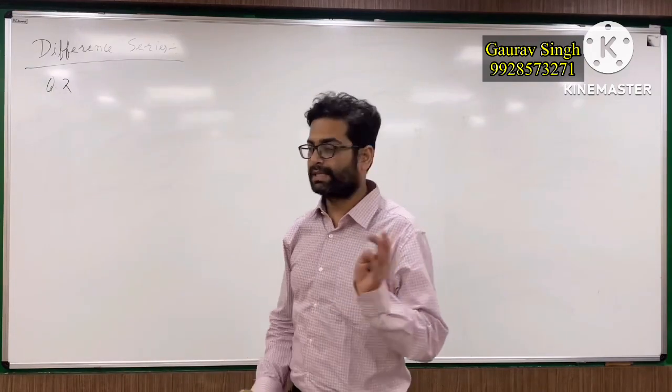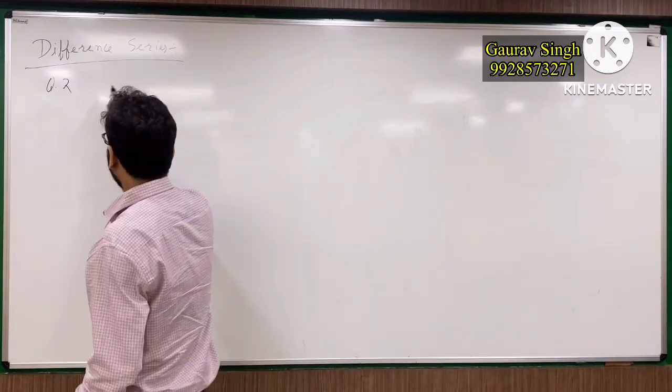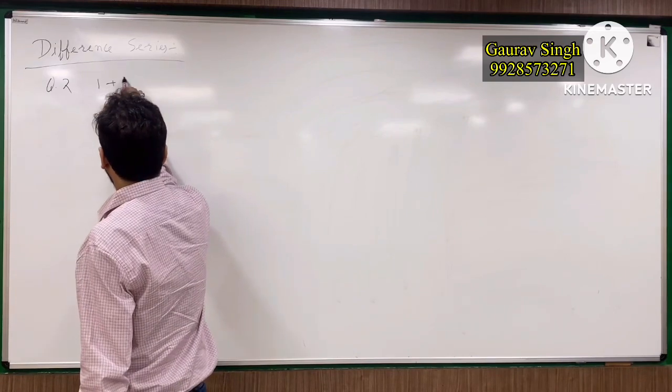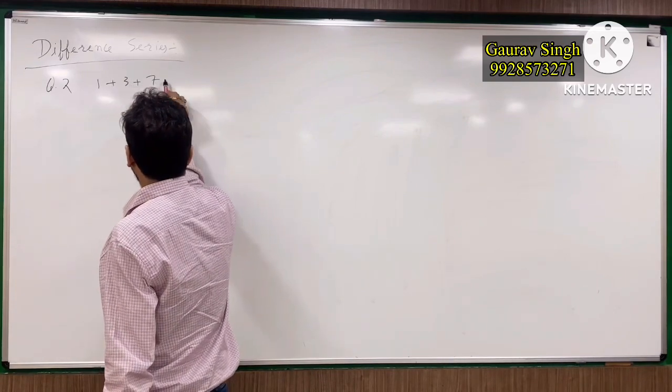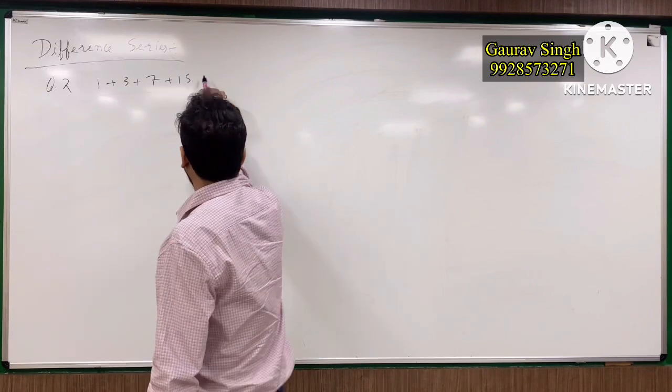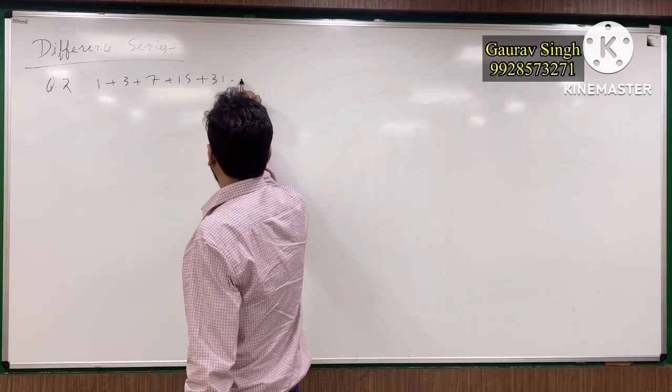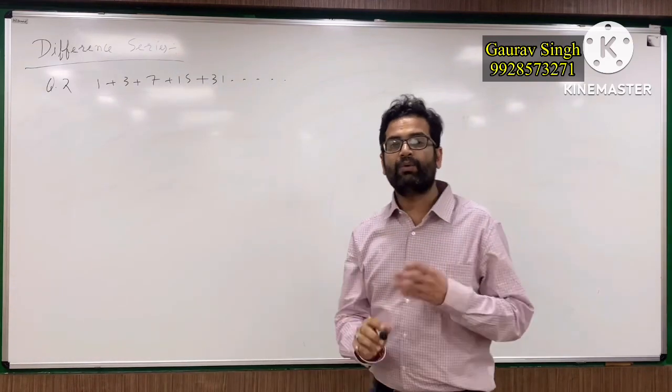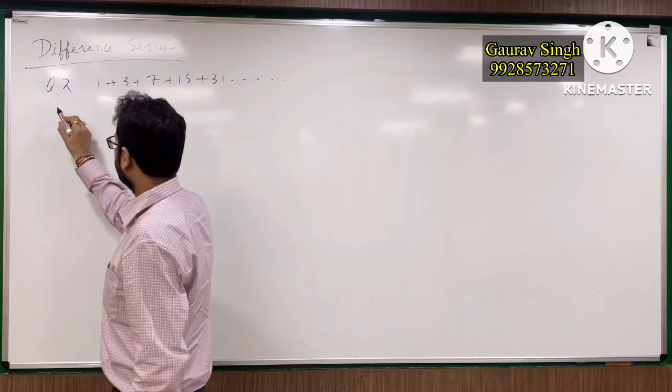Another example of a difference series is 1 plus 3 plus 7 plus 15 plus 31 and so on. How do we find the sum of the series?